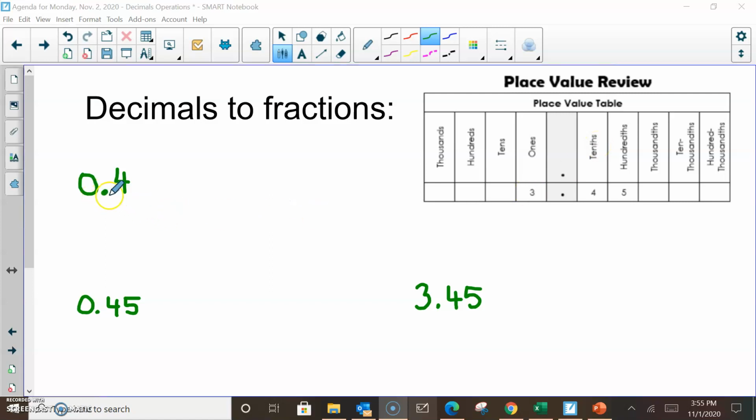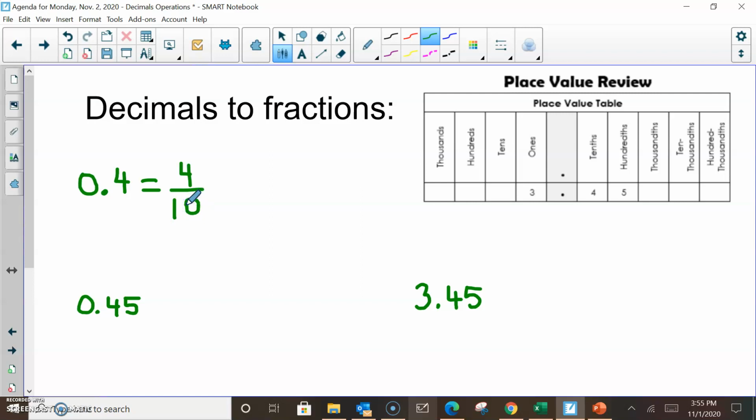So if we have 0.4, if we can say it correctly, we can write it. So 0.4 we would say as 4 tenths, because it's in the tenths place value. So the way we write 4 tenths is 4 over 10, and that's the equivalent fraction.